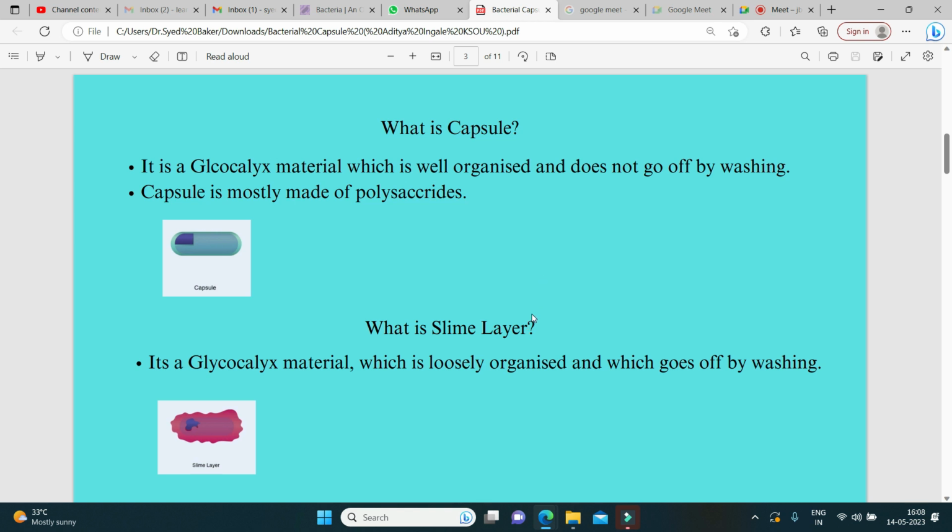The other type of glycocalyx material is a slimy layer, in which bacterial cells release this material, but it is not well organized. So when we wash it with water, it gets rinsed off easily. That is the major difference between a bacterial capsule and a slimy layer.